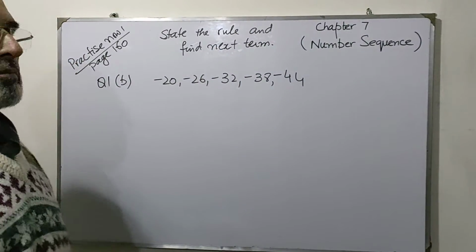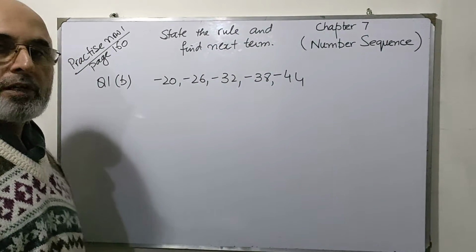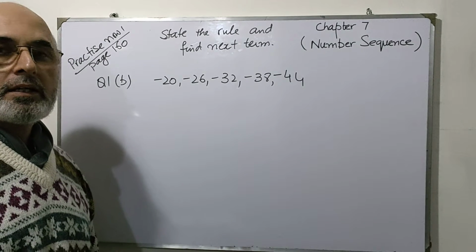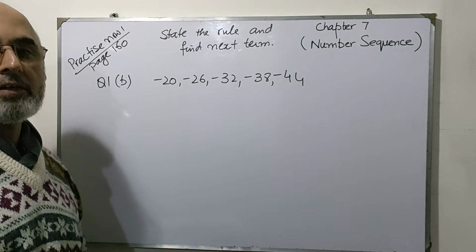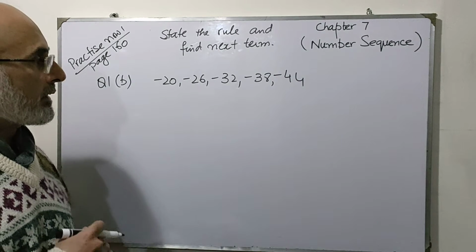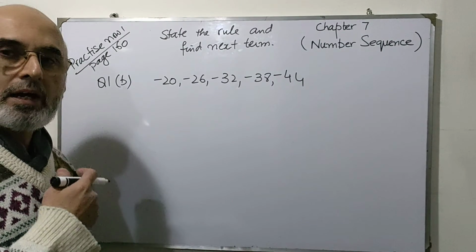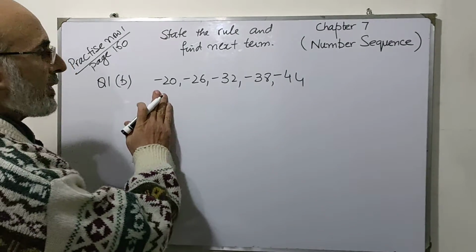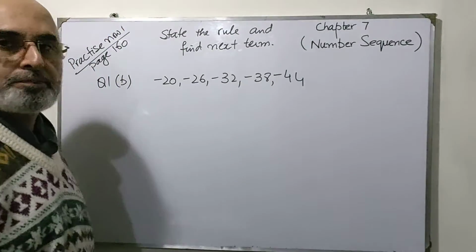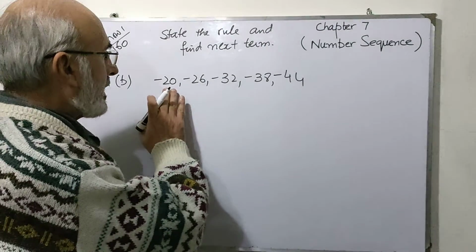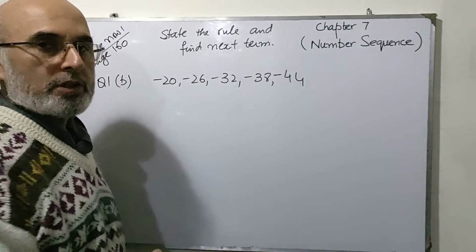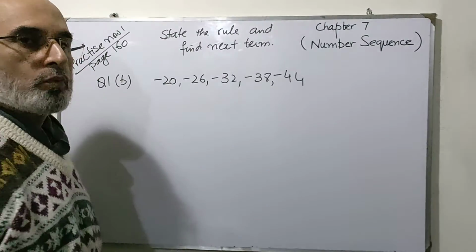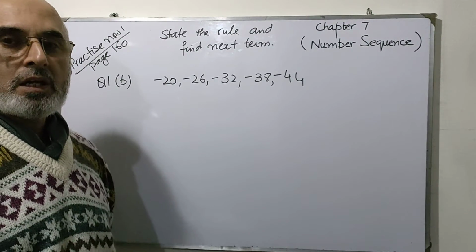Okay, it's a list of numbers, and we can observe that it's a list of negative integers, and these negative integers have a decreasing trend from -20 to -44. Now let's take the first two terms. While moving from term 1 to term 2, what is happening?